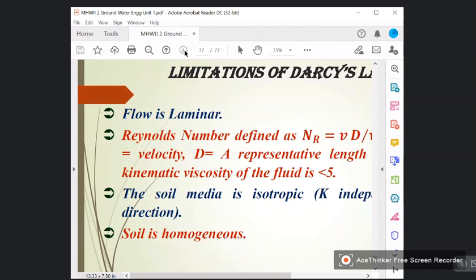See, your answer should be clear, up to the final stage. Hydraulic gradient line. No, not clearly. See, you should not mumble. You should tell confidently.